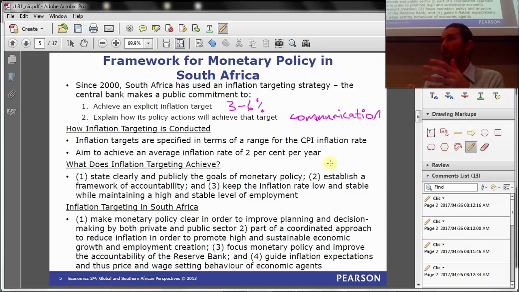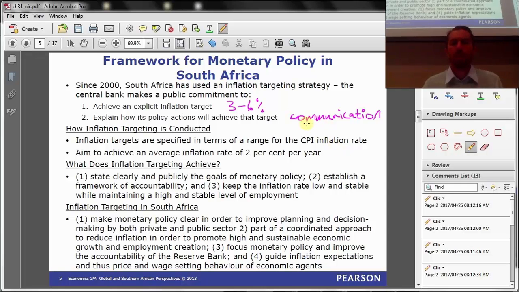And the whole idea of that is to make people aware of what to expect, so that as data comes in, when we see what that data is doing, we can say, right, this is what the data is doing, this is what the Reserve Bank said that they would do if the data was doing that, therefore we can expect the Reserve Bank to do what they said they would do. Okay? So that there's no big surprises, essentially.